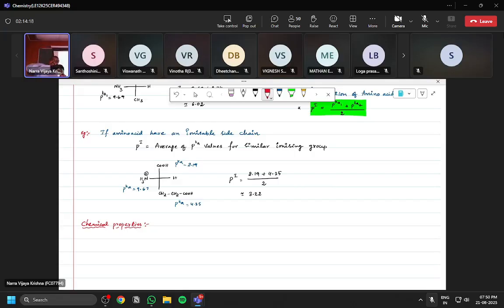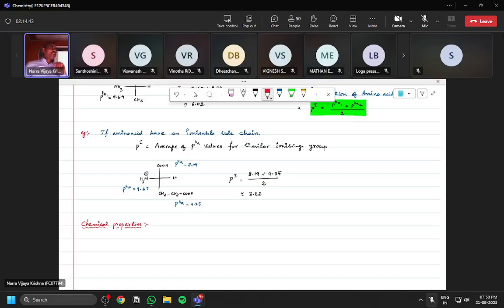Linear is primary. If it coils, it may be in the form of either alpha helical structure or beta pleated. Then it is secondary. If it coils back on itself, tertiary. If it coils further and further, quaternary.